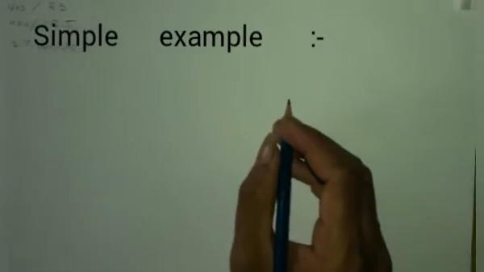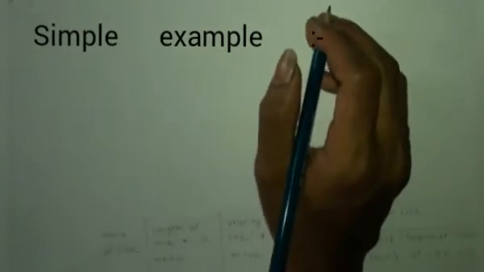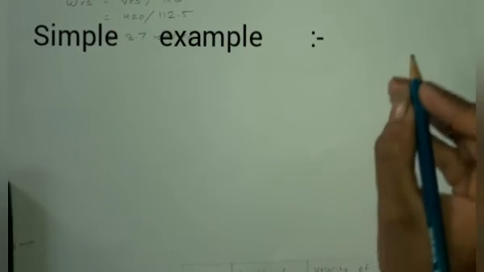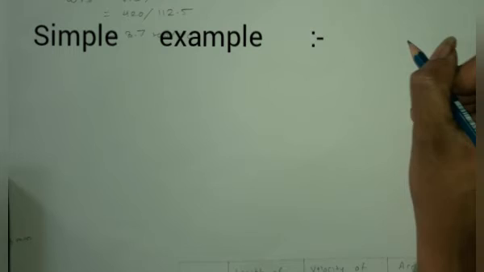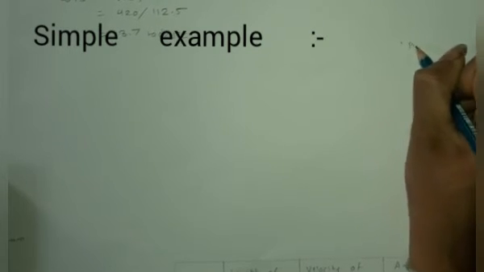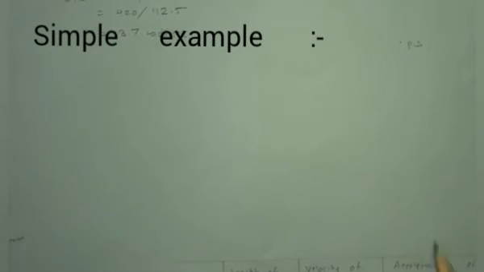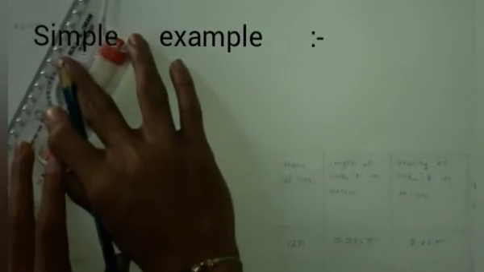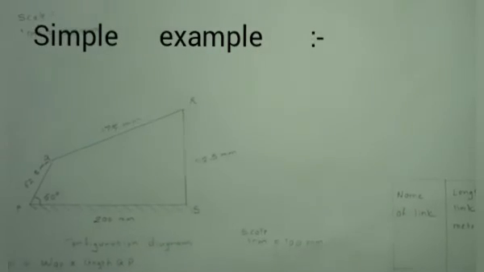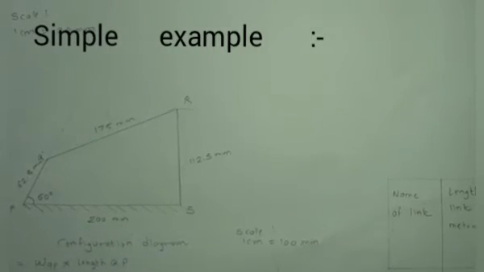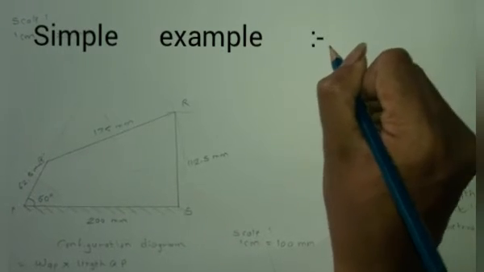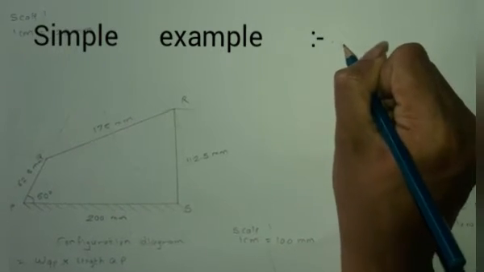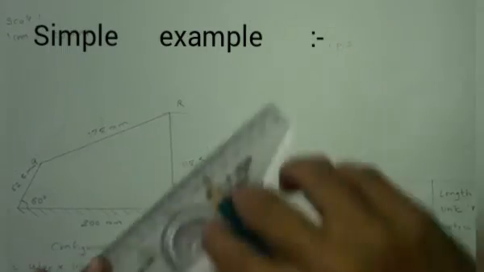Let's draw the acceleration diagram. First of all, we will take point PS, which is fixed point.